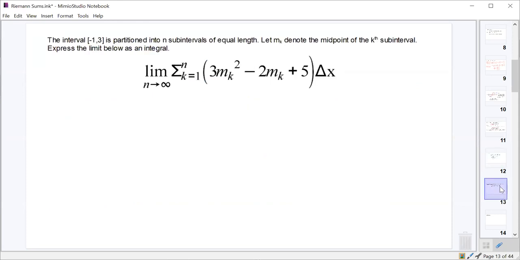If I told you that we were taking an interval from -1 to 3, k equals 1 is because we're labeling the kth subintervals, and k equals 1 means the first subinterval. So we're starting at the first one and going to the nth one, the one at the end of our interval. Good, Nick, or no?